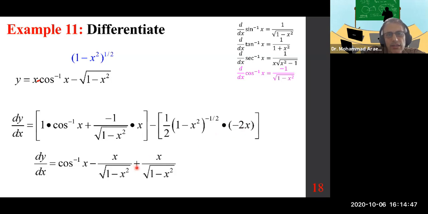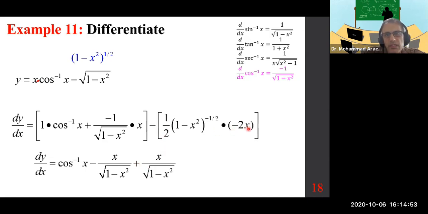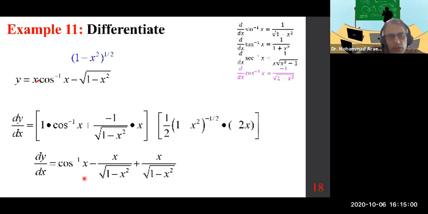Please understand that. Negative 1/2, negative 2, they give us plus 1. X sits at top. This one with the negative 1/2 goes to the bottom with the positive 1/2. These two are opposites, cancel each other. And you end up with cosine inverse of x. And this is it.